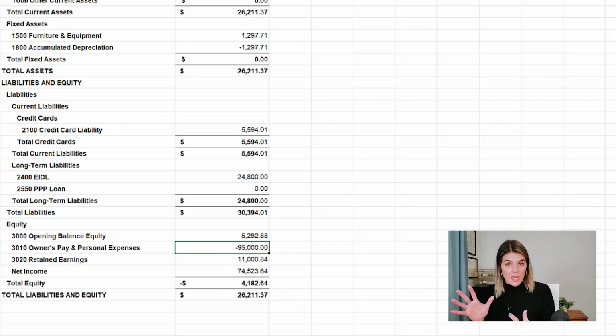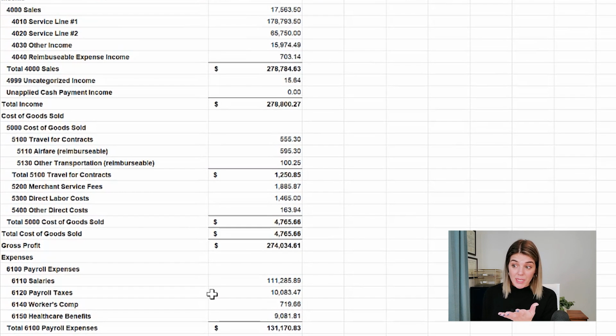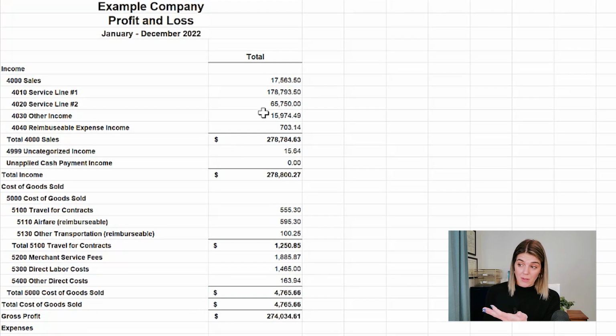So there are some times where you might be thinking, wow, I spent money, but I don't see it on the P&L. And that would be a really good thing for you to be clear on. When are we spending money? Is it actually going to be on the P&L or is it going to be on the balance sheet? Now, this is really important at the end of the year. A client was like, oh, Hannah, I paid off my credit card before the end of the year because I thought that would help with taxes. But actually it doesn't because it just lowers the liability on the balance sheet.